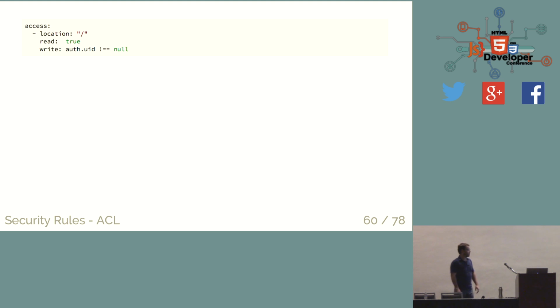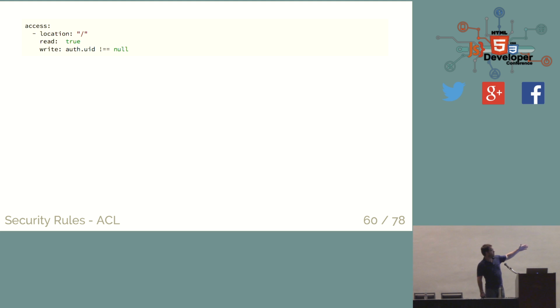And access control looks like this. So now we say at the root, everybody can read. It's world readable. And auth is a global variable that is the current logged in user's authentication data, which is provided to the security rules processing when it runs.